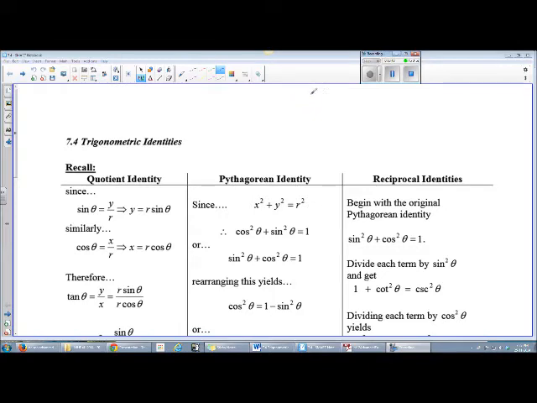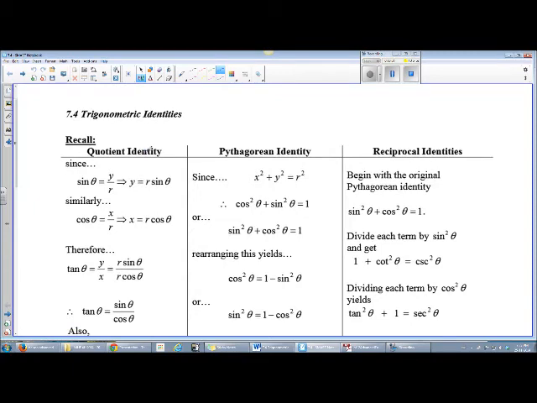Okay, so just to begin, we want to take a look at some of the identities that we have seen previously. The quotient identity: sine theta is equal to y divided by r. That comes from the unit circle. If we rearrange this, we find that y equals r sine theta.